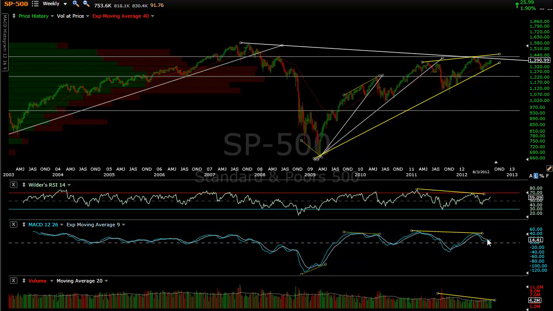In other words, this MACD, as you can see here, is poised to make a bullish crossover, and that may turn up and continue on higher with the market making new highs, and then that negative divergence would be negated. I don't know if that's a double negative or not, but once the MACD takes out this peak right here, then you've negated, or I should say, if it takes out this peak, you've negated that divergence. Okay, that's probably about as clear as mud, so let me move on.